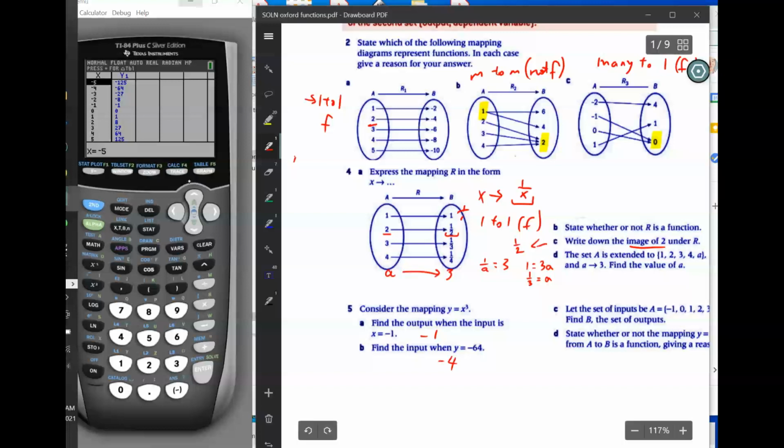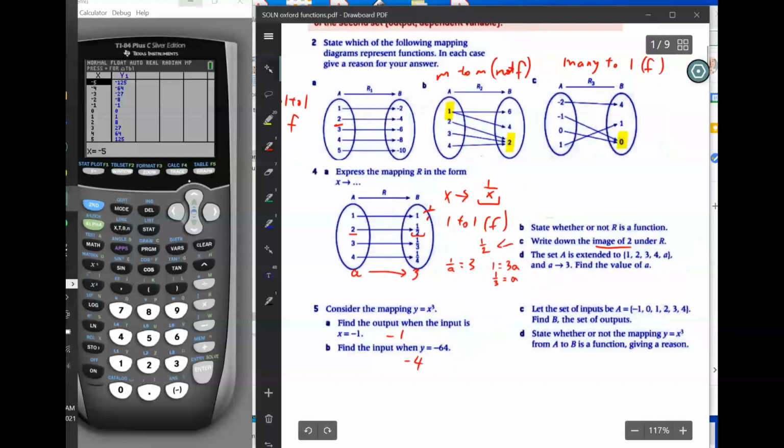C. Let the set of inputs be -1, 0, 1, 2, 3, 4. Find B, the set of outputs. Oh, well, since I put it in the calculator, it's quite easy to do this, right? So I will start looking at the x equals -1 value, and then I will just write down all the y values that correspond to it.